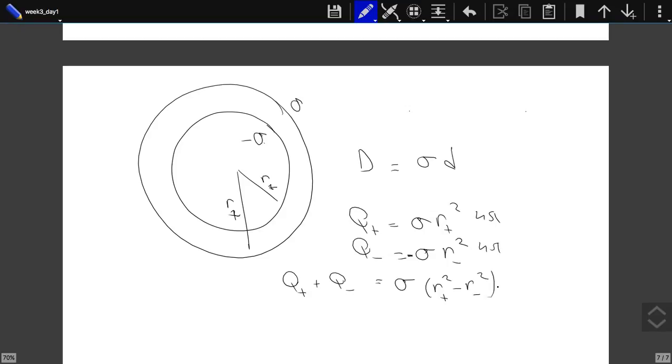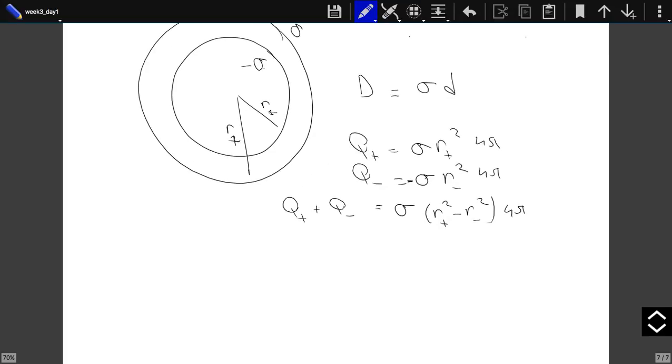Let me also add the 4 pi's. This is equal to sigma times r plus minus r minus times 4 pi times r plus plus r minus. When we are taking the limit that r plus and r minus go to 0, we are assuming that sigma times r plus minus r minus, this is our d, which we assume to be constant, times 4 pi r.